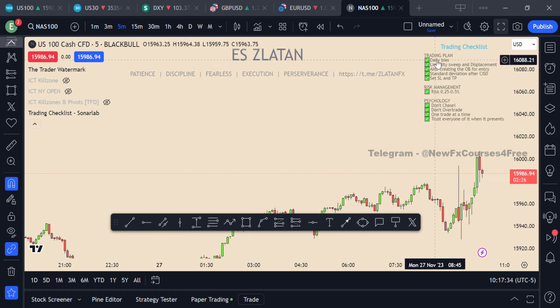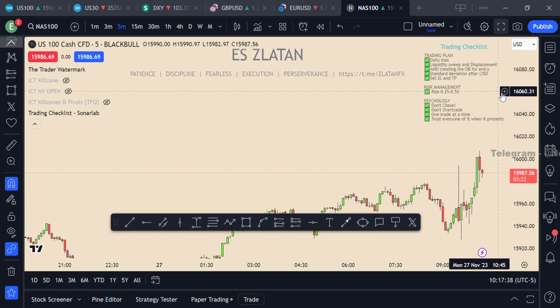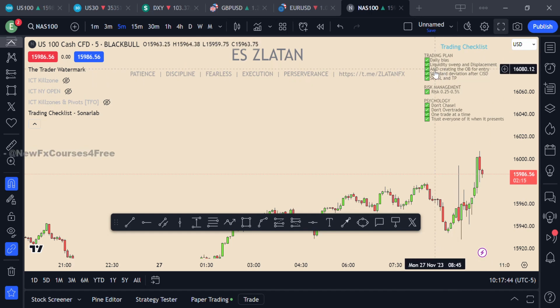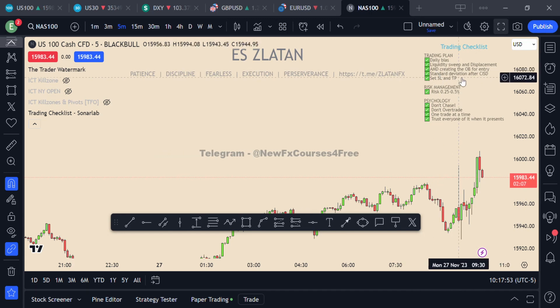I want to have my daily bias. I want to see a liquidity sweep and displacement. This is inside a key level and at a specific time, and I want to see some kind of accumulation, and then I'm using my standard deviation for my TP.